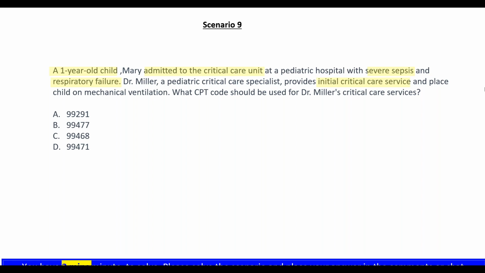Dr. Miller, a pediatric critical care specialist, provided initial critical care service and placed the child on mechanical ventilation. What CPT code should be used for Dr. Miller's critical care service? Let's get it. 2 minutes.